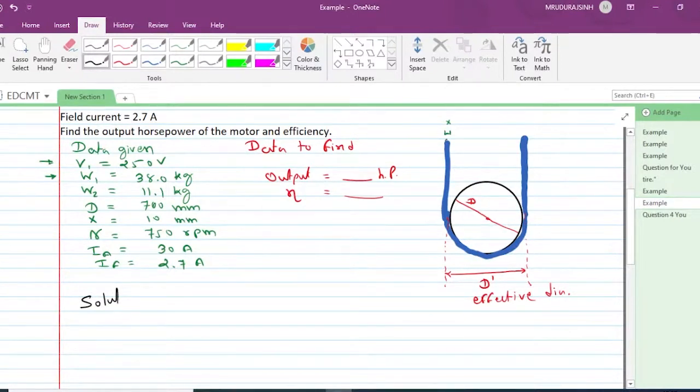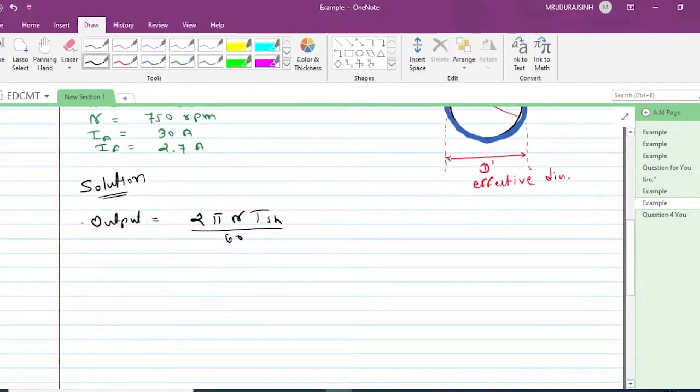We'll go for the solution. So let's write the equation for the output: 2 pi N TSH divided by 60. The only unknown quantity here is the torque.